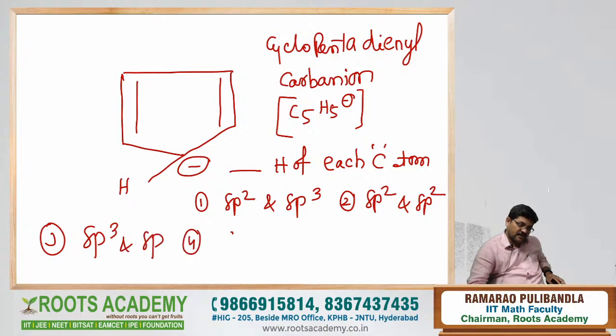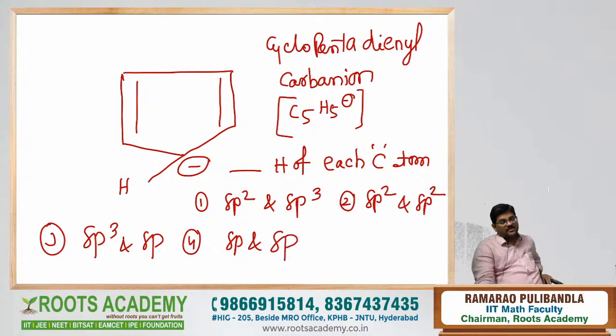Fourth option sp and sp. These are the options. See the question once again: cyclopentadienyl carbanion, C5H5 negative charge. Dash is the hybridization of each carbon atom. That is the question.